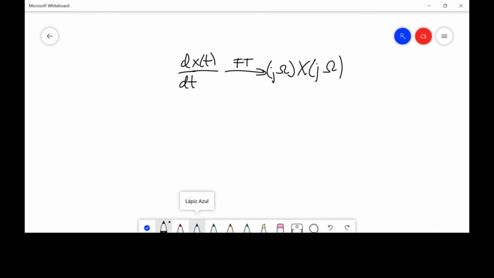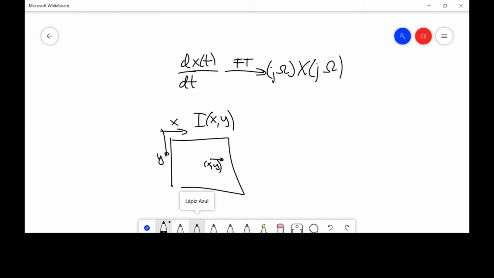Okay, so let's say that we have now a continuous image, I of x, y, and let's think of what the derivative is. So you are at the point x, y, and let's say that I want to compute the derivative along the x direction. This is y, this is x.